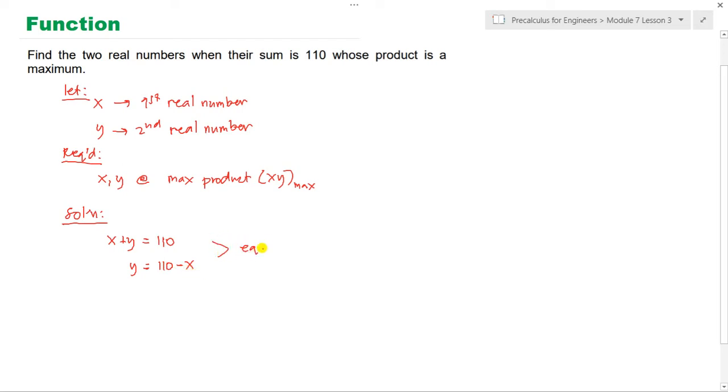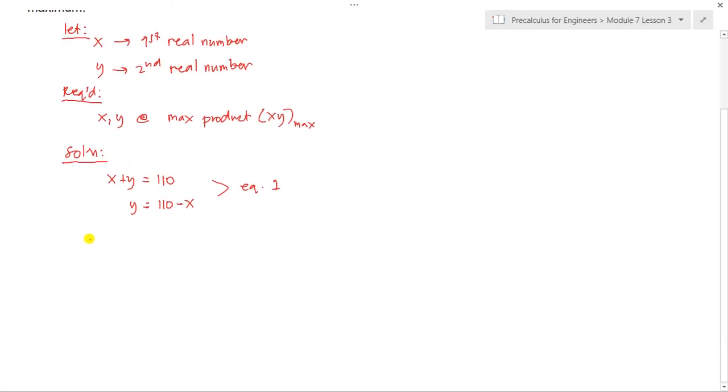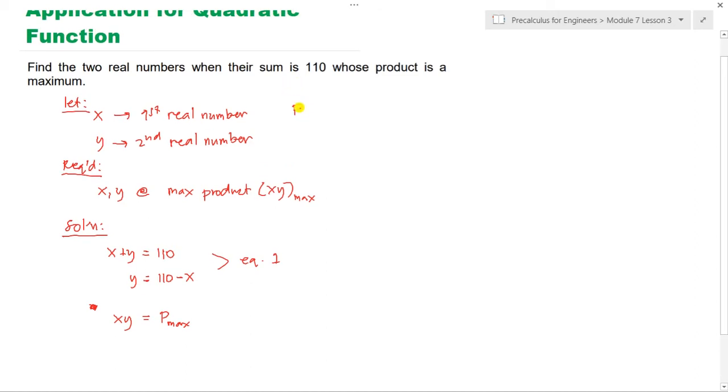So this is our equation 1. Now the second condition is that the product is a maximum. So we can say that x times y is equal to the product. We just denote this as p, and this should be a maximum. So p max represents the maximum product.